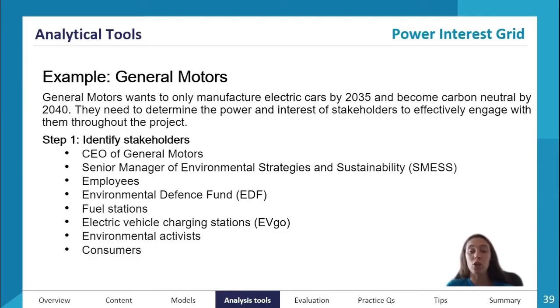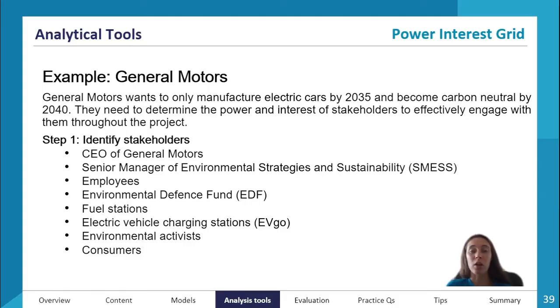So not only consumers who would be buying these cars that would be electric, but also environmental activists, the electric vehicle charging stations. So they would benefit from this change because you would have more cars that rely on those charging stations. Fuel stations, which would suffer financially as a result because of less demand for their services. And then the Environmental Defense Fund in this case as well.